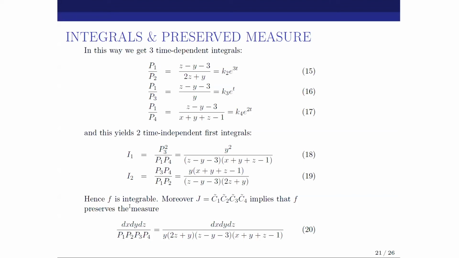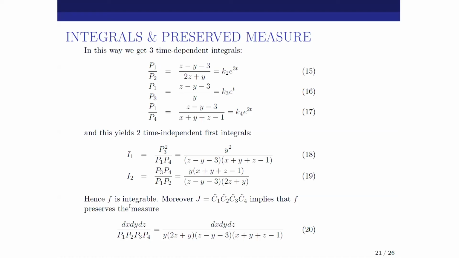If I move the 2z plus y to the right-hand side, I get a linear equation in y and z, with coefficients depending on time. And if I do that with all 3 of them, I have 3 linear equations in x, y, and z. So we have 3 equations in 3 unknowns, and we can solve that.